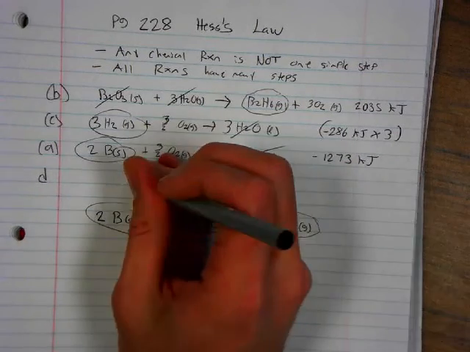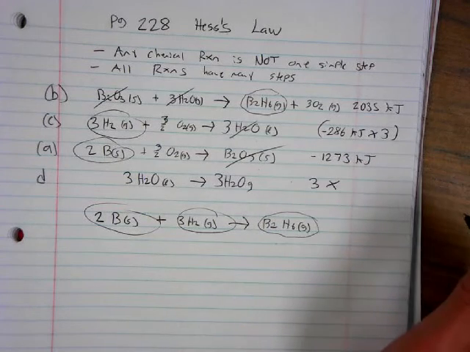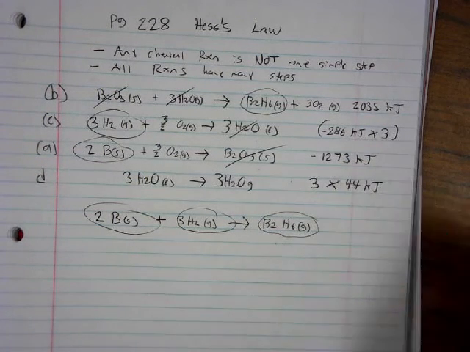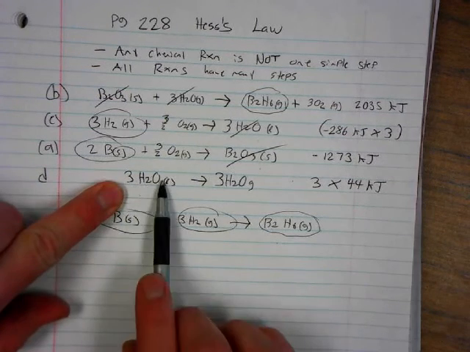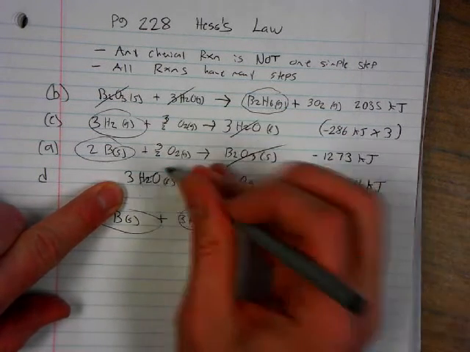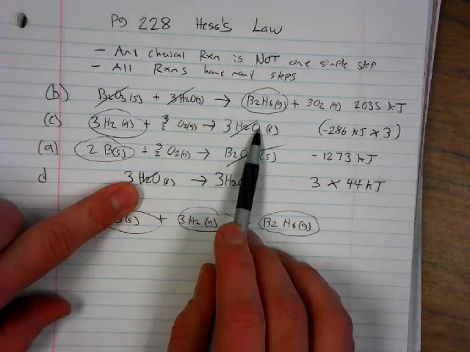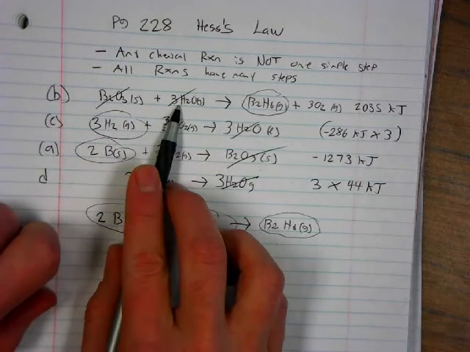So I'm going to write out D. I have H2O liquid going to H2O gas. But how many H2O liquids do I need? 3. So I'm going to put a 3 here, 3 here. So that means I have 3 times what for its heat? Times 44 kilojoules.